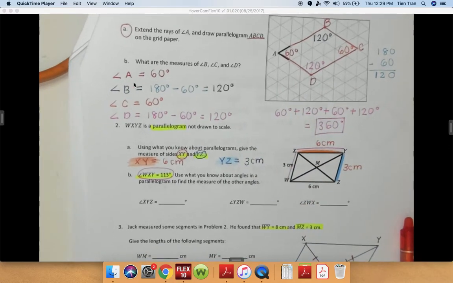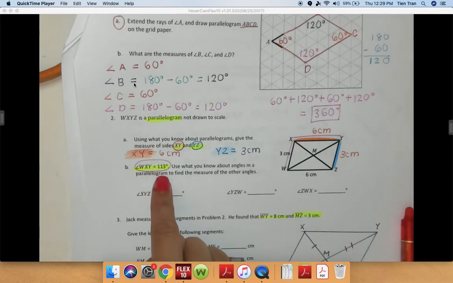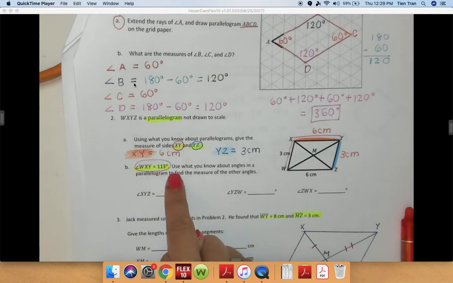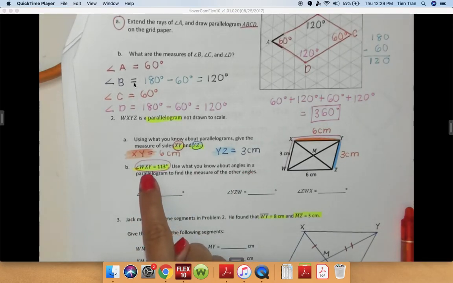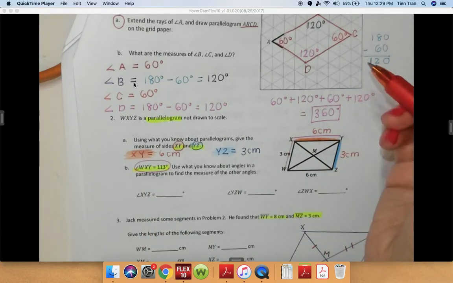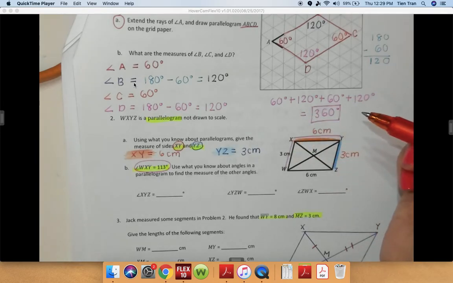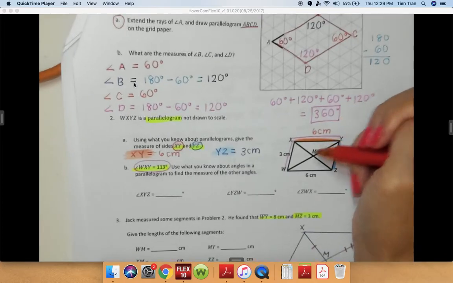Now for problem B. It says right here, angle WXY is equal to 113 degrees. Use what you know about angles in a parallelogram to find the measure of the other angles. Now this is a little different. I haven't really taught you guys this, so I want you to really pay attention. I'm looking at angle WXY.